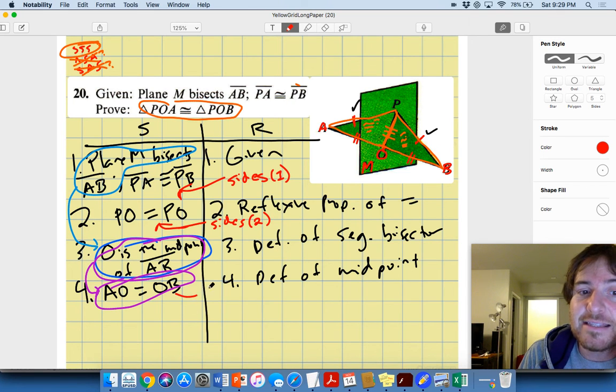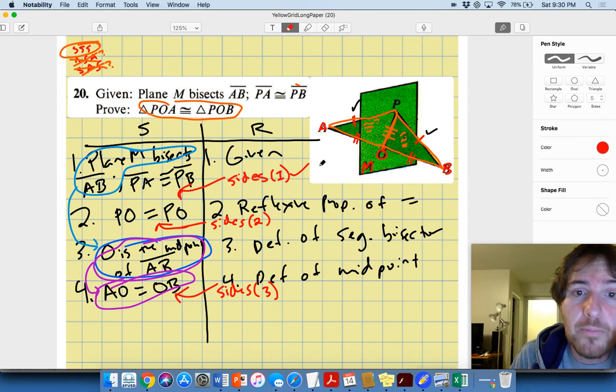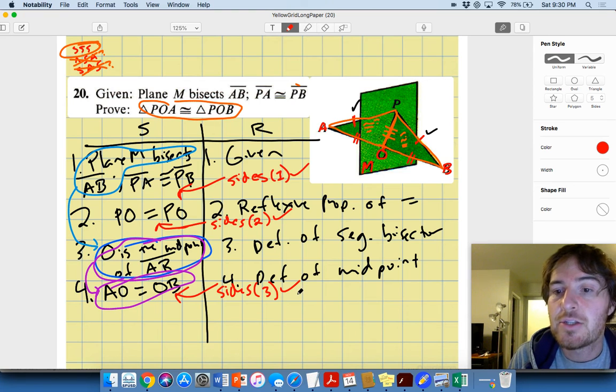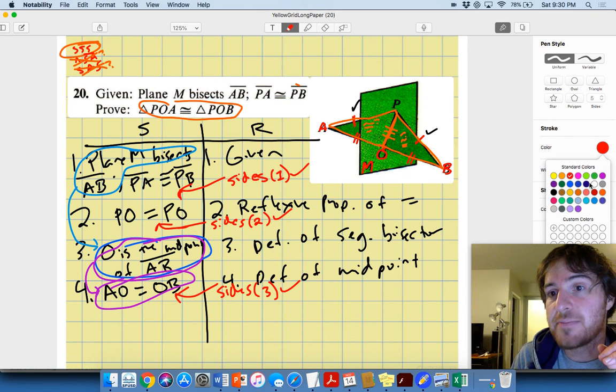And then finally, in step 4, we were able to determine that our third pair of sides were equal to each other. So we have one pair of sides, we have two pair of sides, we have three pair of sides in two triangles. That is the SSS postulate of determining that two triangles are congruent.